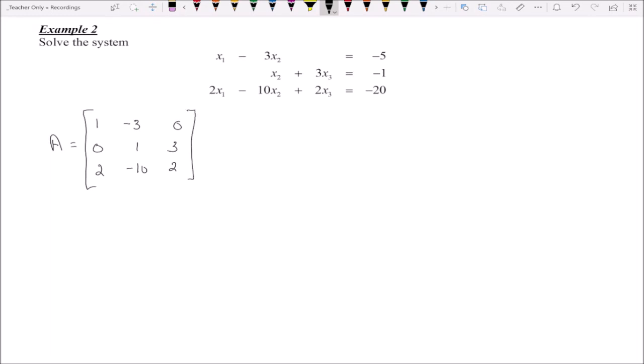I'm also going to write down somewhere my B vector: -5, -1, -20, because that will be important. You should notice that this matrix is the same matrix from example 1, so we already know what the LU factorization here is.